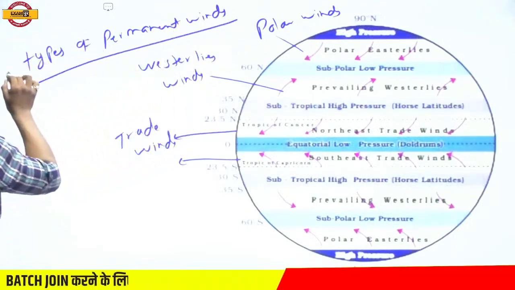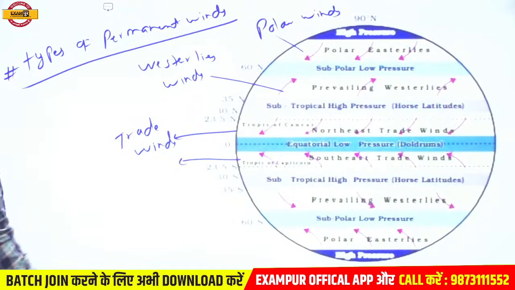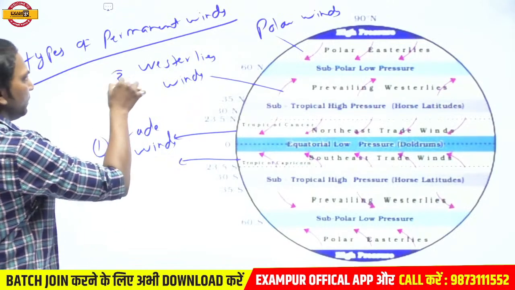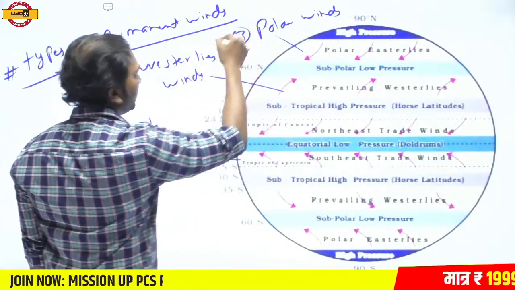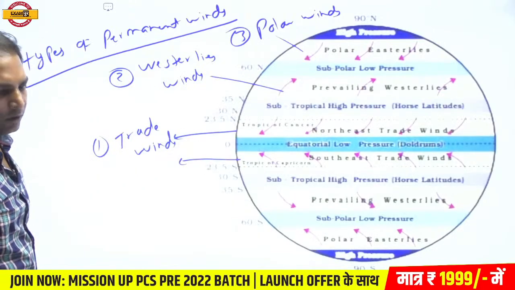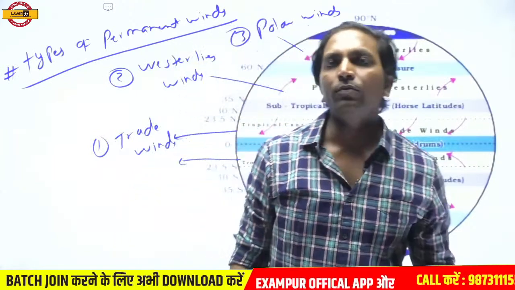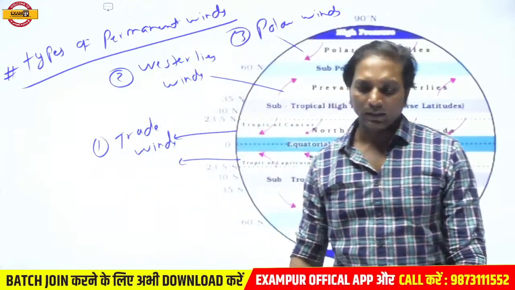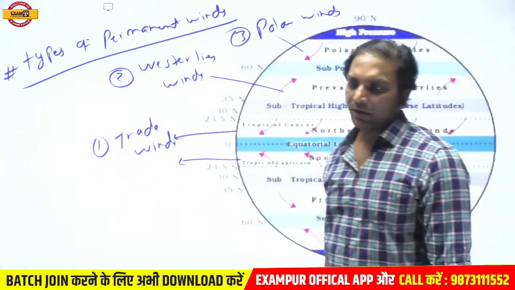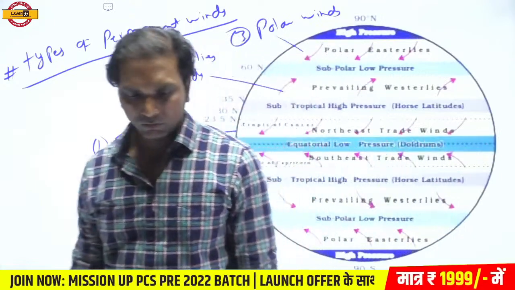The first one is trade winds, the second is westerlies, and the third is polar winds. We have just discussed the trade winds. Now we are going for the westerlies winds.